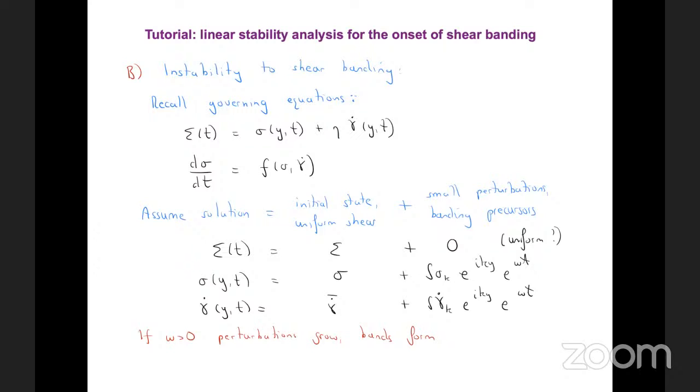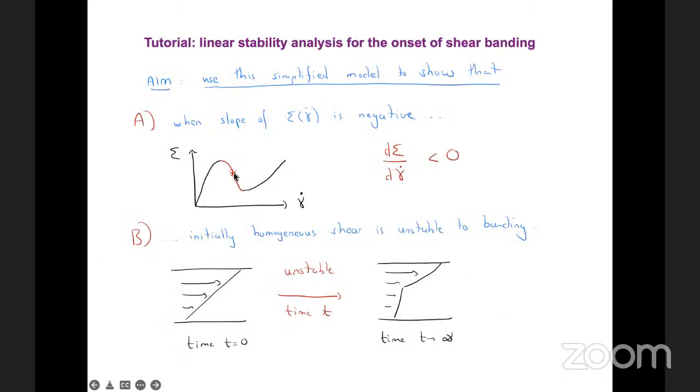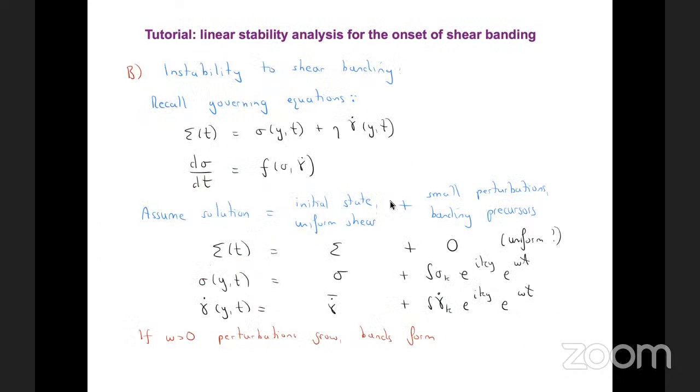We're going to assume a solution that comprises an initially uniform state of homogeneous shear that is stationary in time. In other words, that's the state that we started with, homogeneous, uniform, and not depending on time. But we're going to add to it small perturbations that are the precursors of any shear bands. So now let's do that.